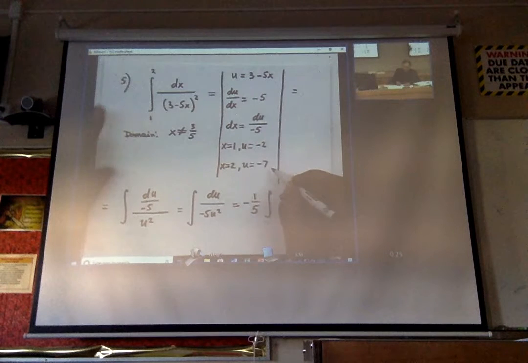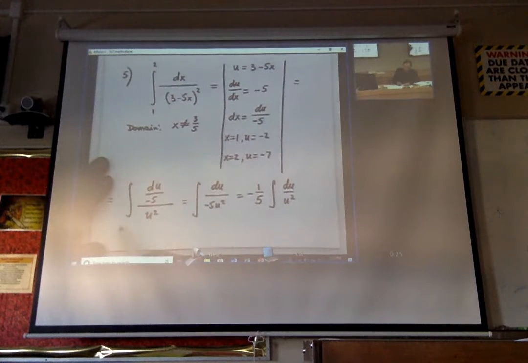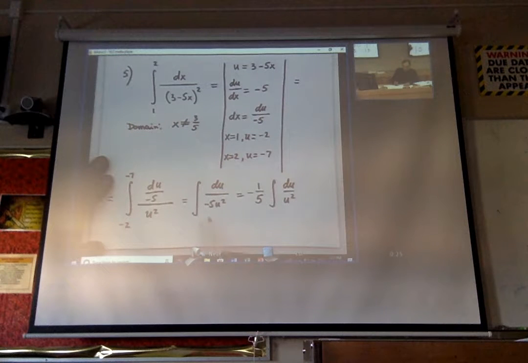So your integral is from negative 2 to negative 7. So you have to remember this. Finding the antiderivative works fine, but if it's a definite integral, you must change upper and lower limits. Don't forget that. That's the most common mistake, to keep the same. You can't. So we have negative 2, negative 7.